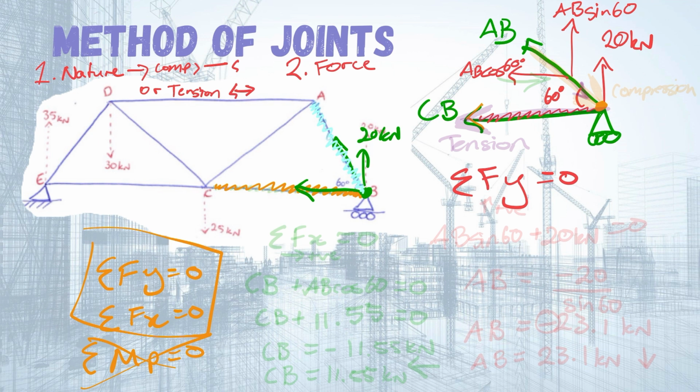So our forces acting in the y direction, we're going to have AB sine 60 plus 20 kilonewtons equaling 0, assuming that upwards is positive. And now if we solve this, then we're going to get that AB is equal to negative 20 over sine 60.